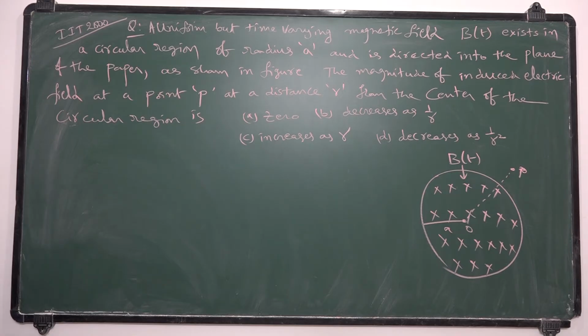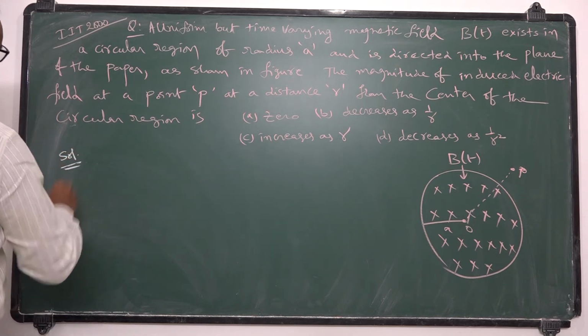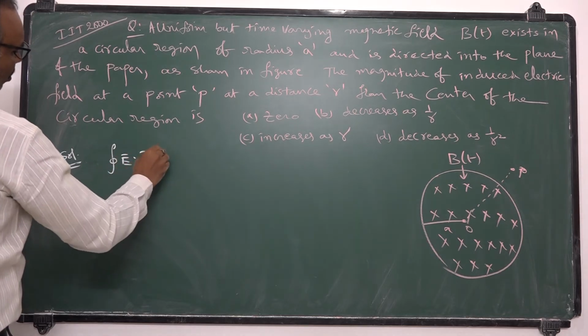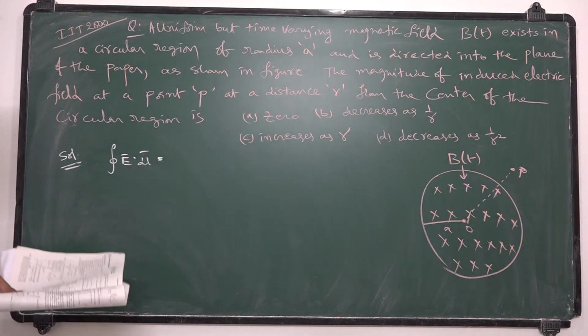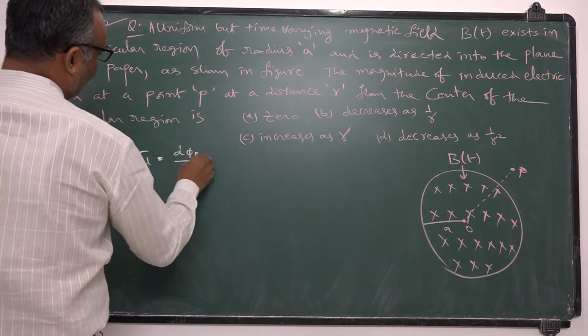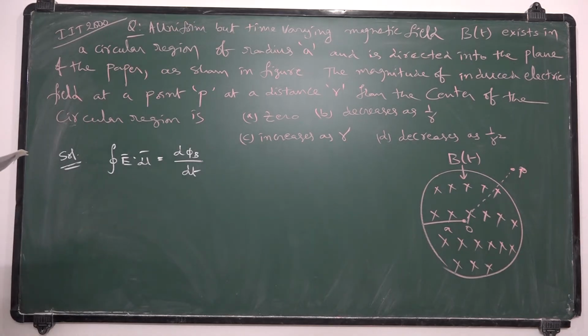We know that as per the definition of time varying magnetic field, integral E bar dot dl bar over a closed surface is equal to d phi b by dt. This is the definition of induced electric field.